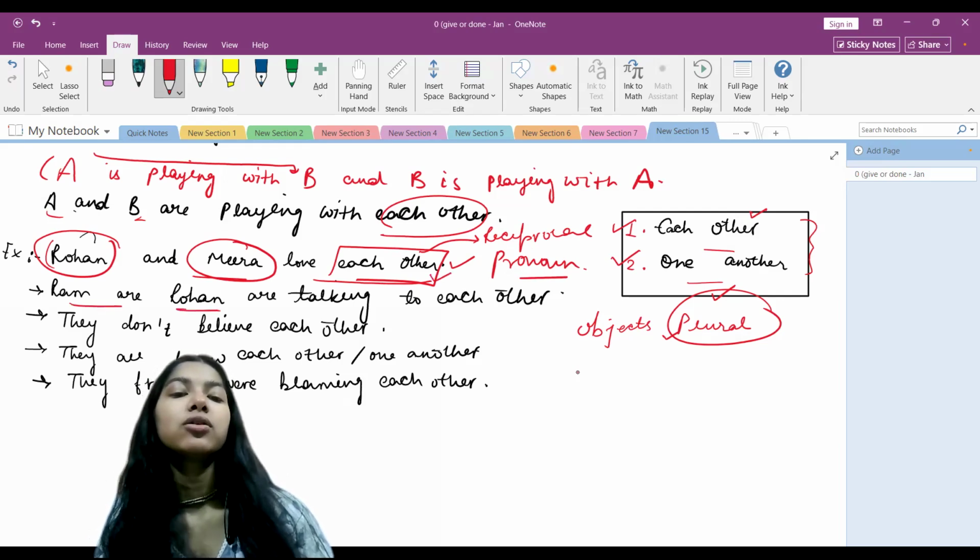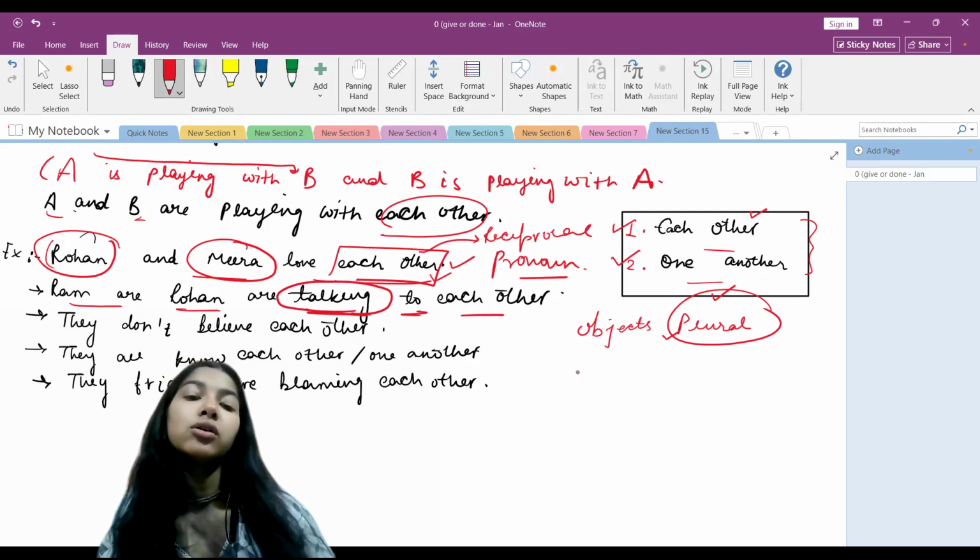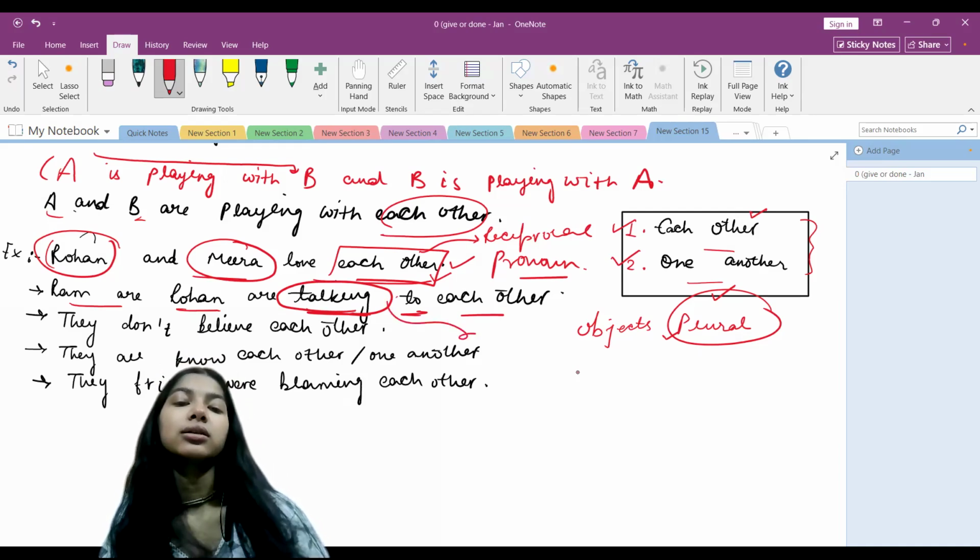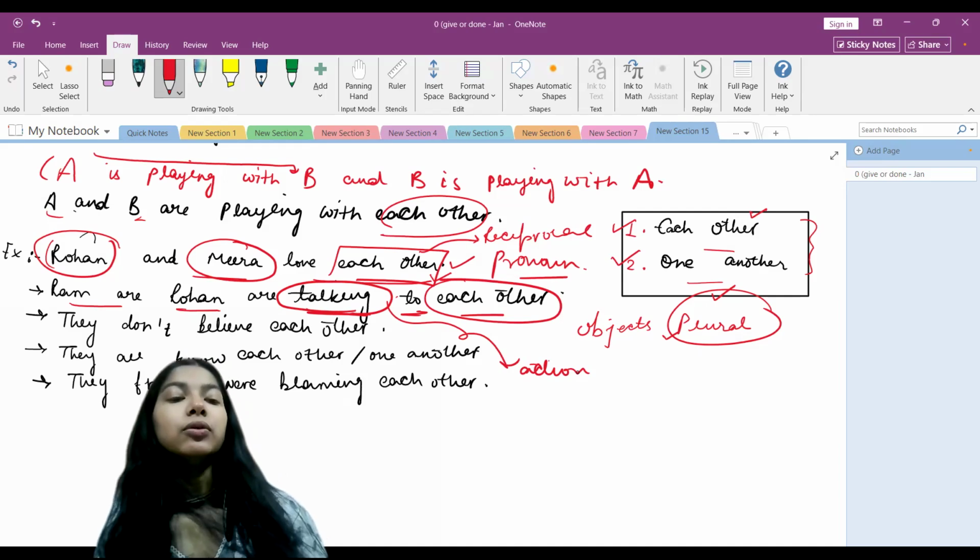Ram and Rohan are talking to each other. So talking is our action and each other is our reciprocal pronoun.